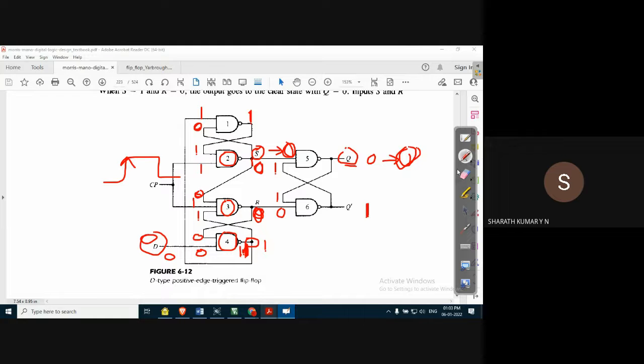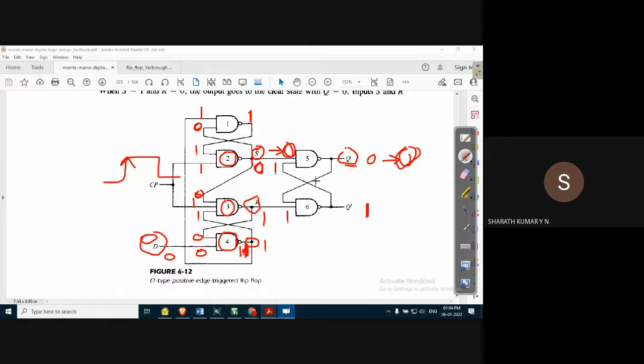When this is 0, what is the output at the OR point? This OR point will change now. Because one of the inputs is 0, the output at OR becomes 1. Correct? Earlier it was 0. Initially we had taken it as 0, but because of the feedbacks it is changing now. So this input now is 1.